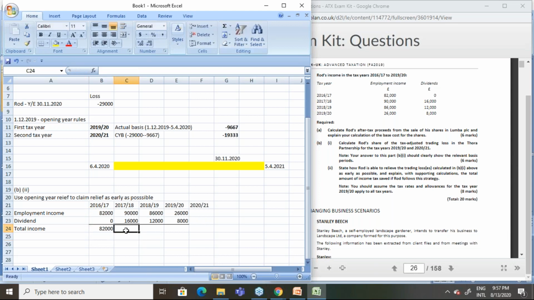Here 82,000, here 106,000, here 98,000, here 34,000, here 34,000. Okay. Now, against this total income, you can claim the loss relief.